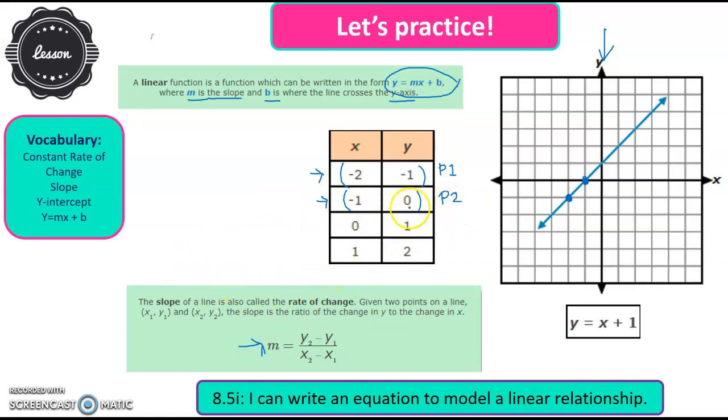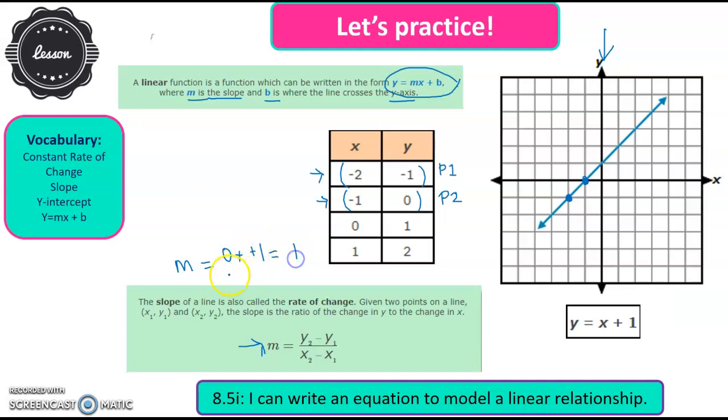So our y2 would be 0. So we'll do m equals 0 minus our y1, which is -1. Remember, a minus a negative number makes it positive, or plus 1.